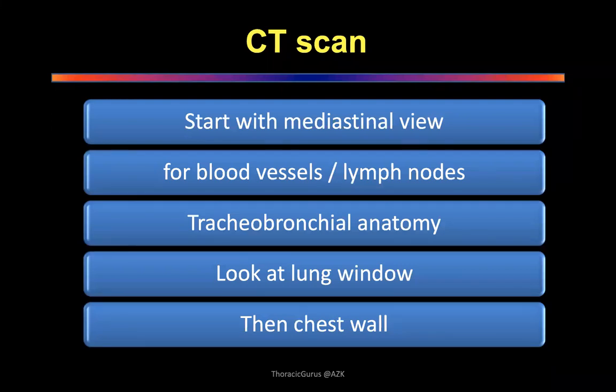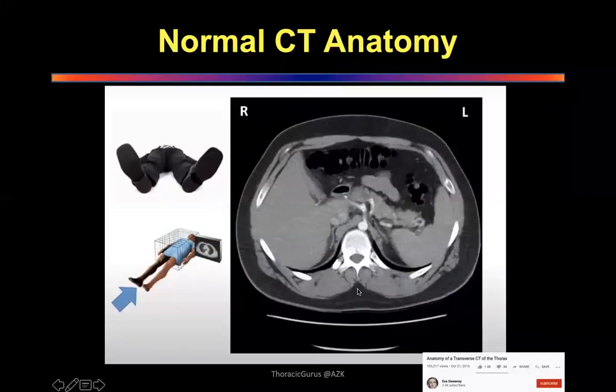That's the next philosophy. Now, this is important. Whenever you're seeing this image of CT scan on the screen, you are standing at the foot end of the patient. The patient is lying down. The patient is looking up.